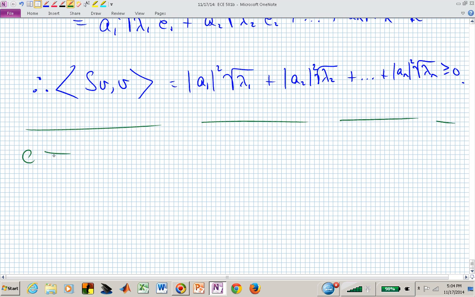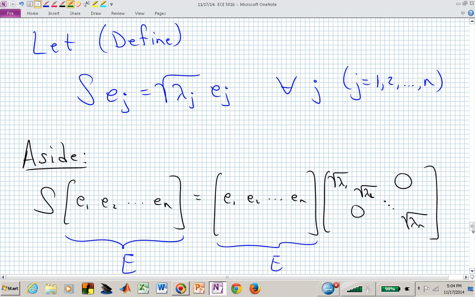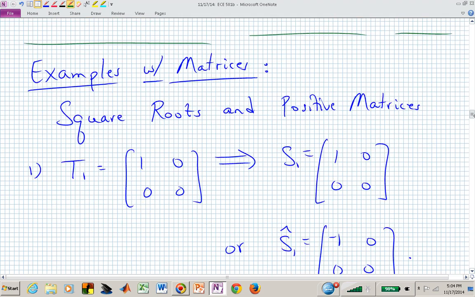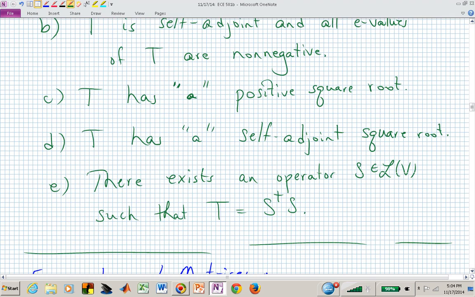Now let's show that C implies D. Hopefully you're not looking. C was T has a positive square root, and we just found one. That was S. And D says that T has a self-adjoint square root. But what do we know about it from C? C being positive already said, well, the first piece of showing that it was positive concluded that it was self-adjoint.